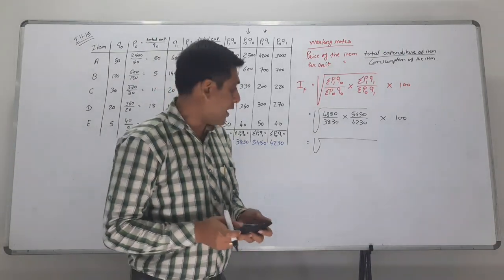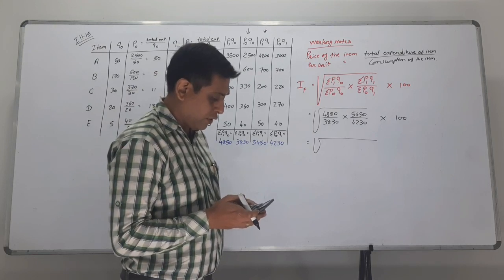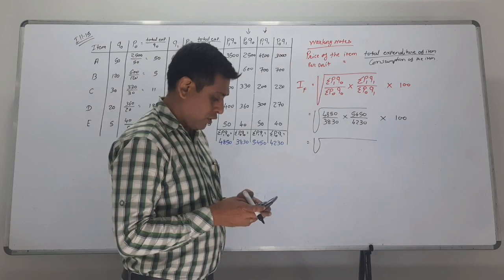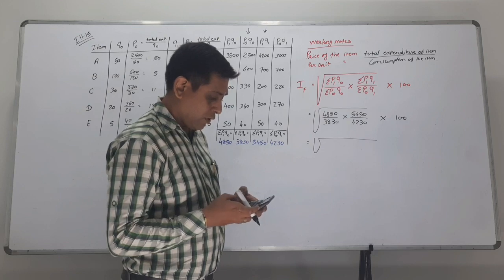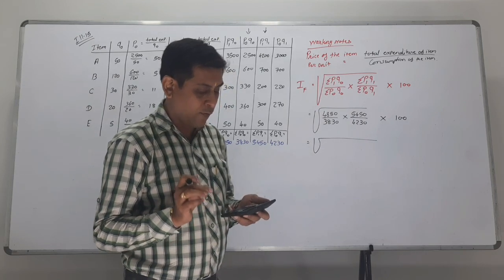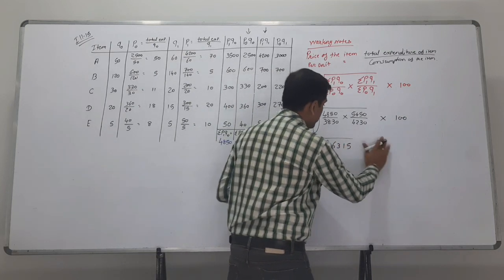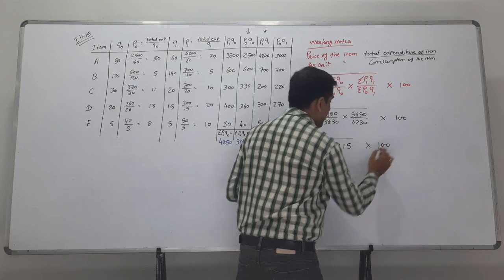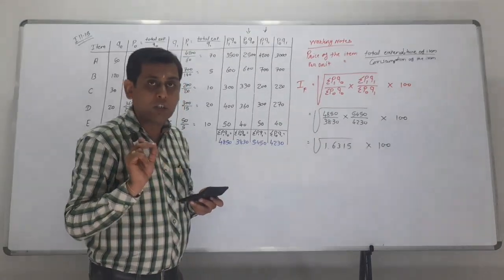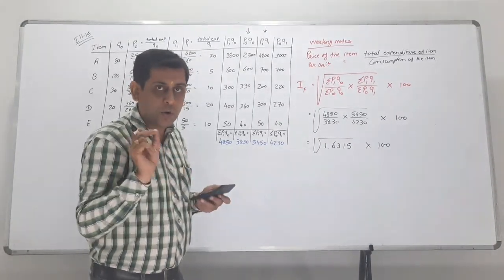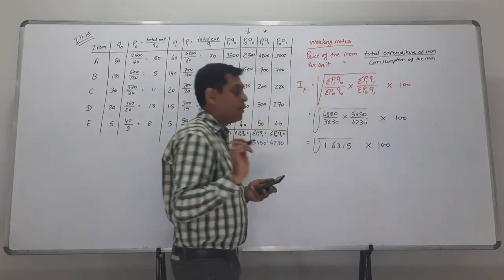First of all we have to multiply and divide: 4850 into 5450 divided by 3830 divided by 4230, that is 1.6315. The multiplication by 100 is not under the square root.